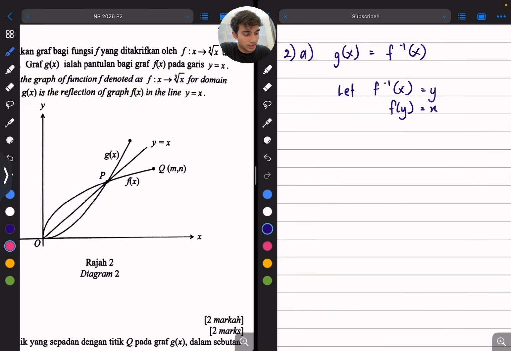So f(y), the cube root of y, equals x. Then we need to make y the subject, because if you make y the subject, you will get your f inverse x. So y will be x cubed. The cube root, we move there, becomes x cubed. So we can say f inverse x equals x cubed. And then g(x) is f inverse x, therefore g(x) is x cubed. Done.